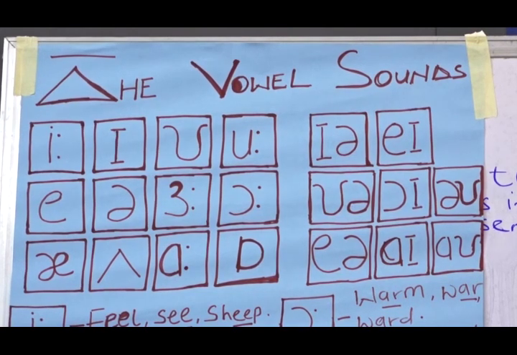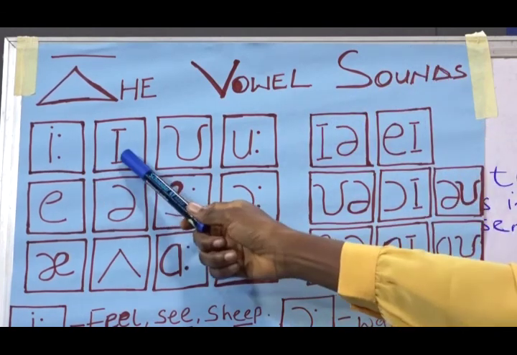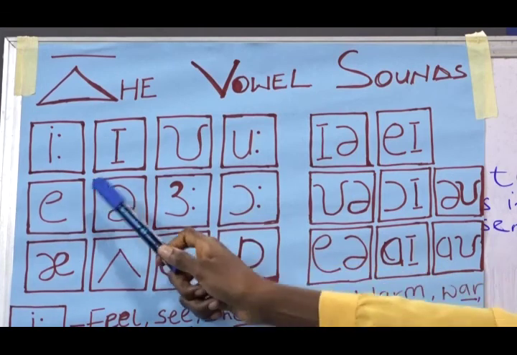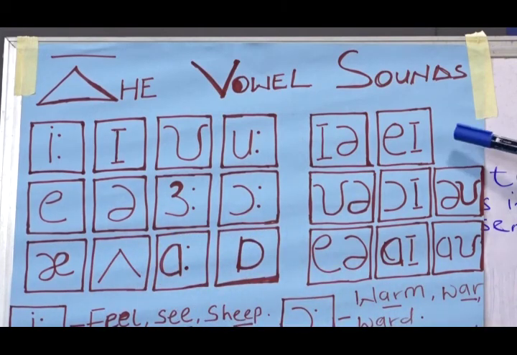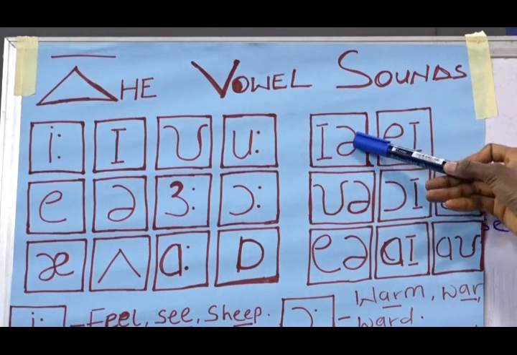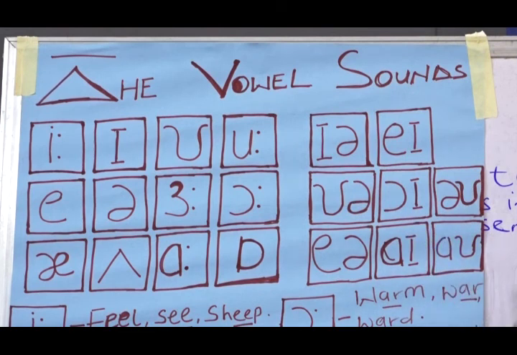These monophthongs are known as the single vowels because, as you can see, they are all single sounds. And the diphthongs, you can see, are a combination of 2 vowel sounds to make a single sound.